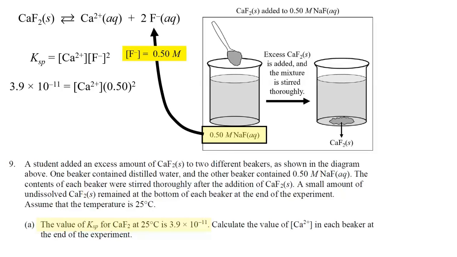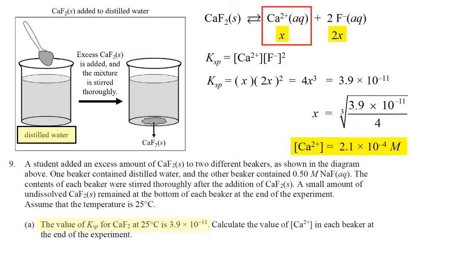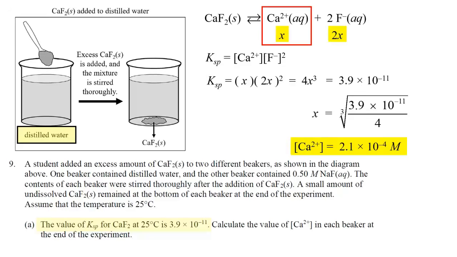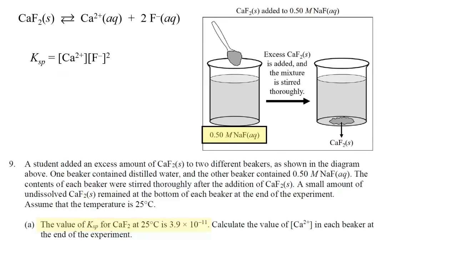There's not going to be a significant increase in the amount of fluoride that's coming from the calcium fluoride, because 0.5 is a much larger number than what would be present. If you go back and look at the earlier part, 2.1 times 10 to the negative 4 is much smaller than 0.5. So the concentration of fluoride would be 4.2 times 10 to the negative 4, and 0.5 molar is much larger than that.